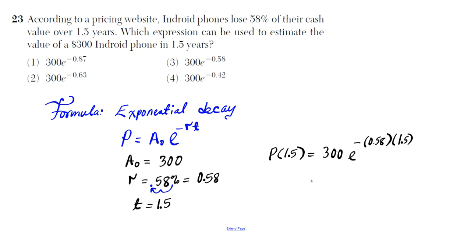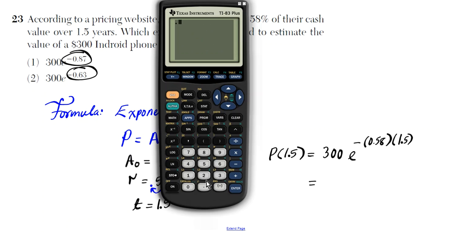Okay? Now, if you notice in the calculator, the only component that's simplified is just the exponential piece. Leave everything else intact. Okay? So if you multiply 0.58 and 1.5, we should get the correct answer. Let me show that to you real quick. So we have 0.58 times 1.5.